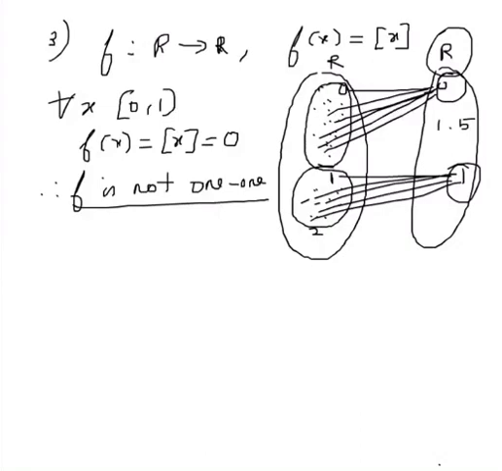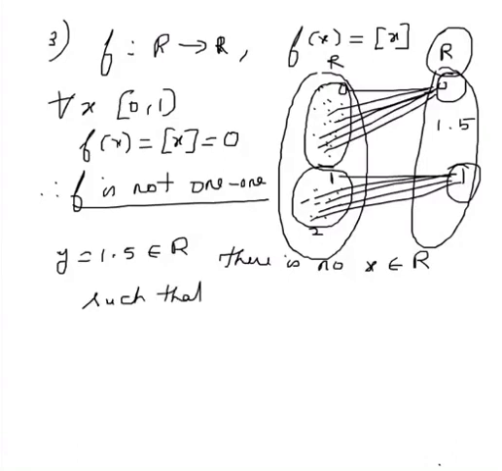So we cannot get the answer 1.5. So we can write that for y is equal to 1.5 belonging to R, there is no x belonging to R such that the greatest integer function of x is equal to 1.5. Therefore, f is not onto.